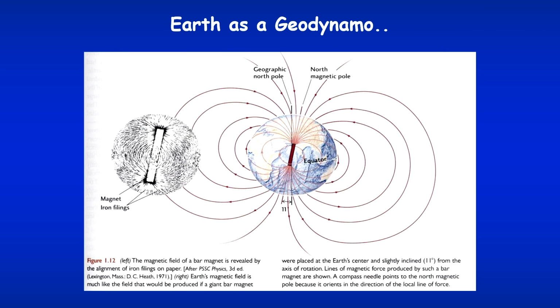Now, coming to the other part, which I told that I'll try to cover, which is related to the movement, or we can say how the earth moves or rotates. What are the reasons for that in terms of the interior of earth and all that. So, earth as a geodynamo, because it produces a magnetic field, keeps rotating.